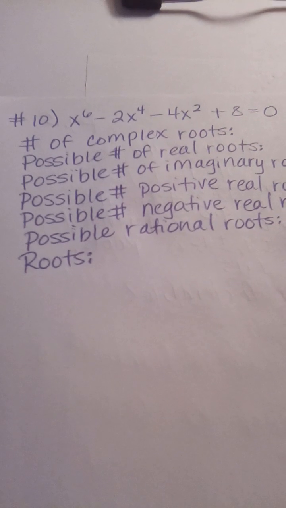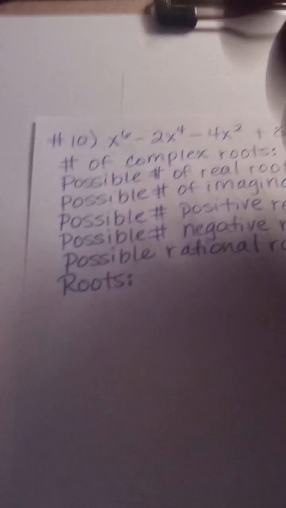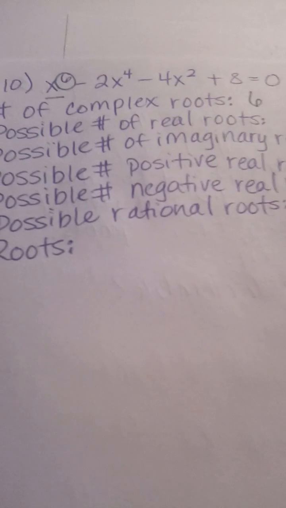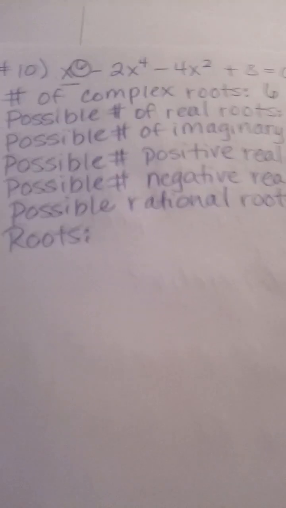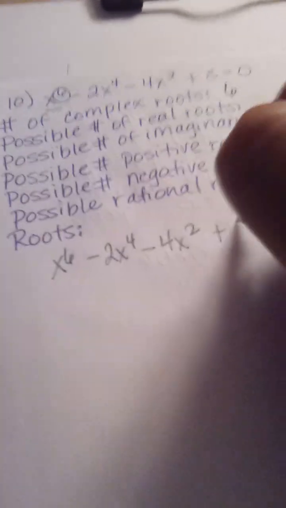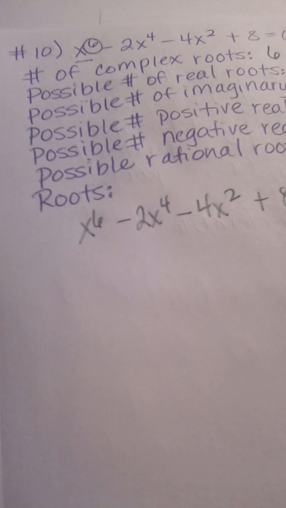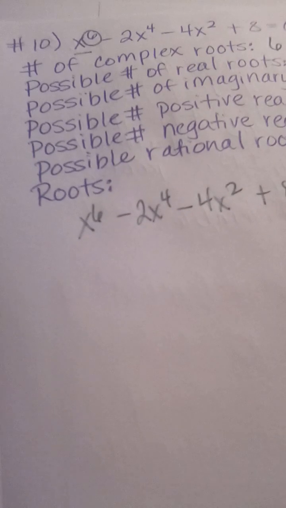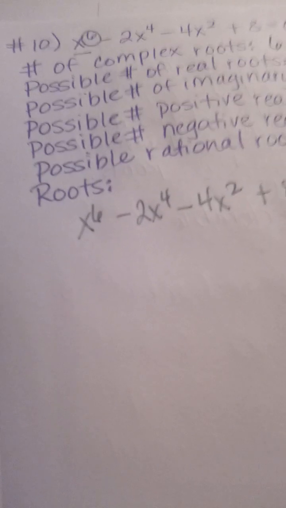How many complex roots are there? 6, right? Because look at the first term. We'll circle this part. We have 6. That wasn't too bad. All right, let's go on to the next part and let's do the work. Question: is this equation factorable like the last time?